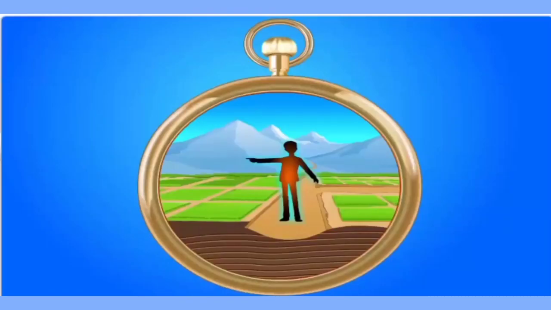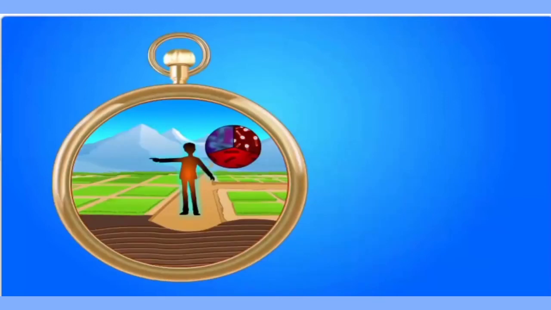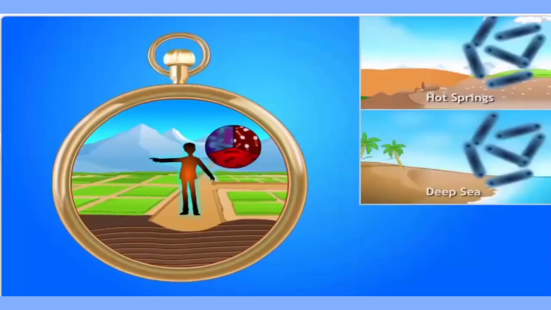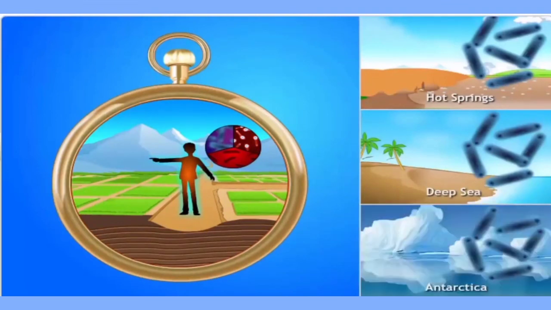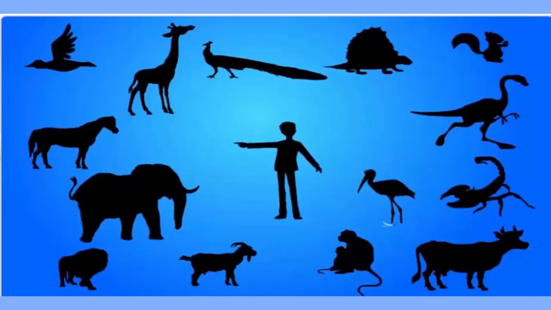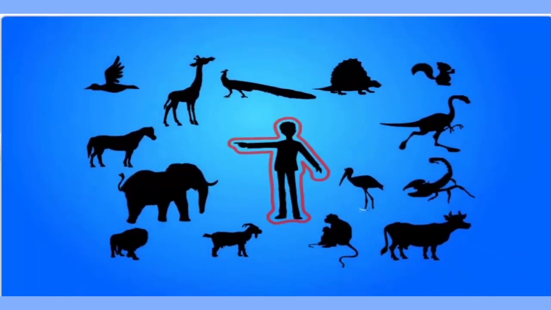For example, one of the simple forms of bacteria is able to survive in almost all climatic conditions such as hot springs, deep sea, thermal events, and in Antarctica. In other words, human beings are not the height of evolution but simply yet another species in the clouded spectrum of evolving life.